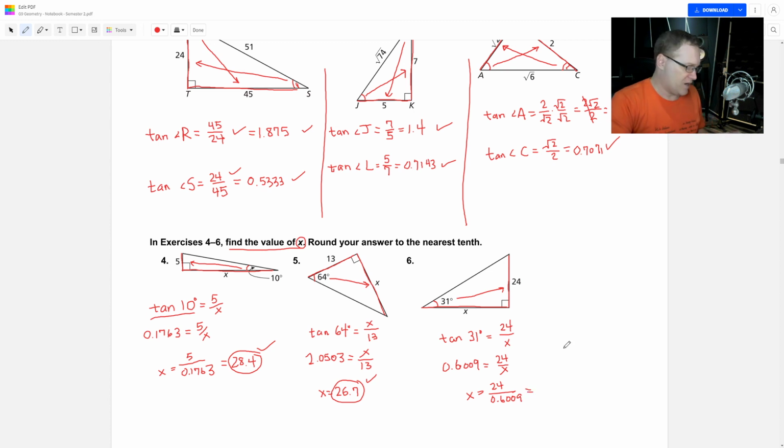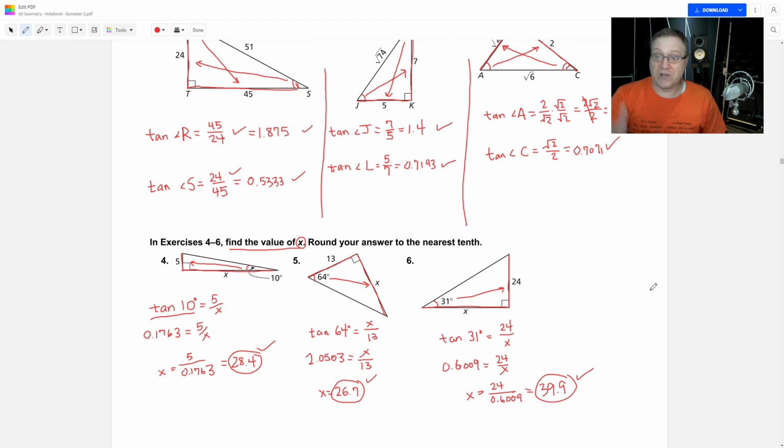Okay, and now we can use our calculator. 24 divided by 0.6009, and that gives us 39.9. And that's going to be our answer.